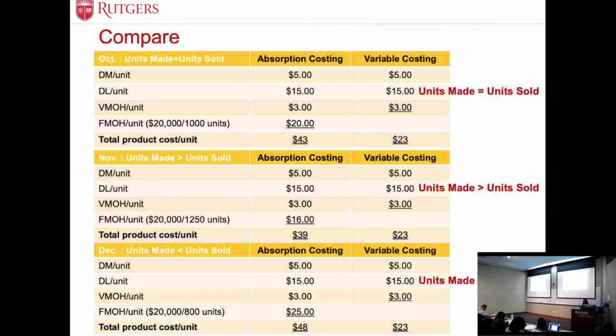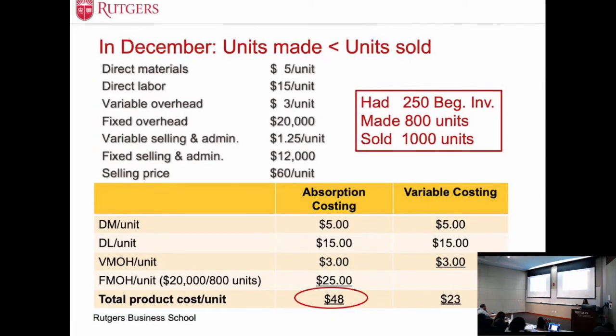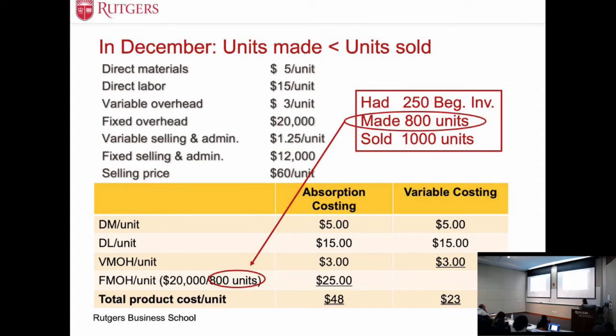Okay, so here the emphasis is that we need to use the units made as the denominator, not the allocation base, right? Because we use that amount of fixed overhead to just make 800 units, right? So that's why we need to use 800 as the denominator to calculate unit fixed overhead.